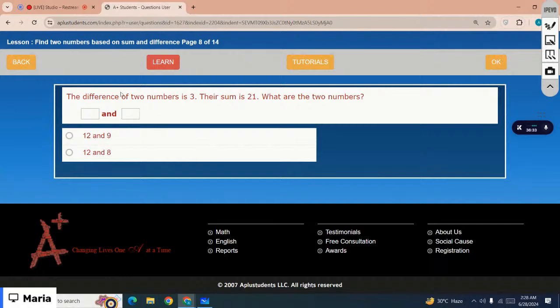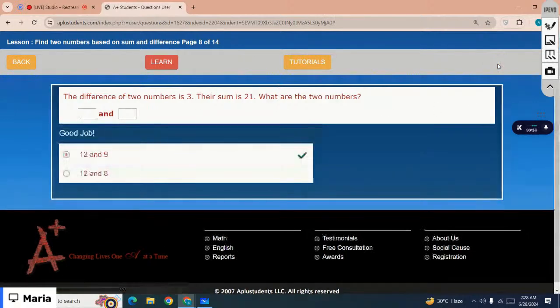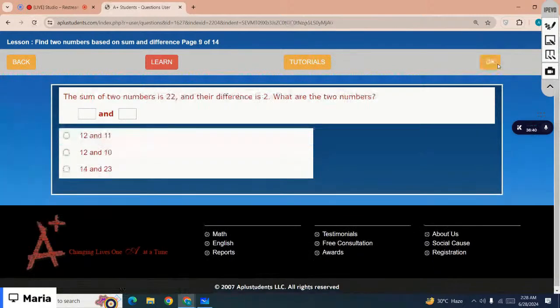Yes, they are 12 and 9. Option number 1 is the correct option. When subtracted it makes 3 and when added it makes 21.